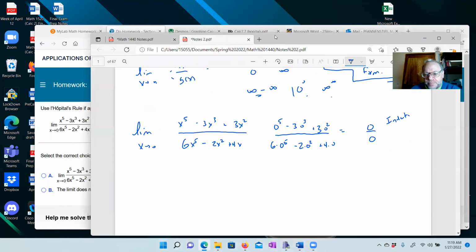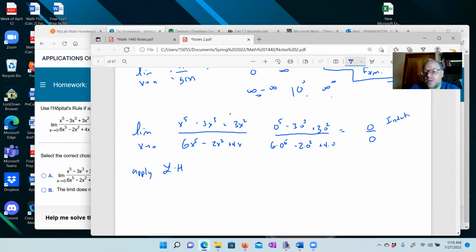How do you do that? We're going to apply LH. What we're going to do is take the derivative of the top and the derivative of the bottom. I'm going to emphasize that we're not taking the derivative of this function.